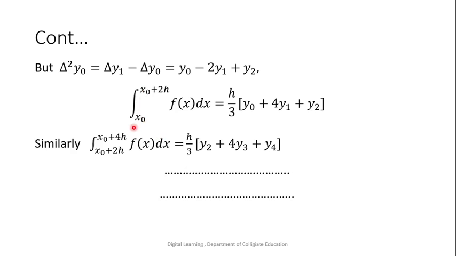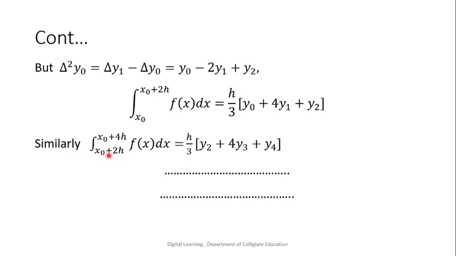Similarly, for the integral over the interval x0 plus 2h to x0 plus 4h. Here we have the width as 2 because we consider n is equal to 2. Therefore, the first integral varies from x0 to x0 plus 2h. The second varies from x0 plus 2h to x0 plus 4h. Similarly, the next integral varies from x0 plus 4h to x0 plus 6h.